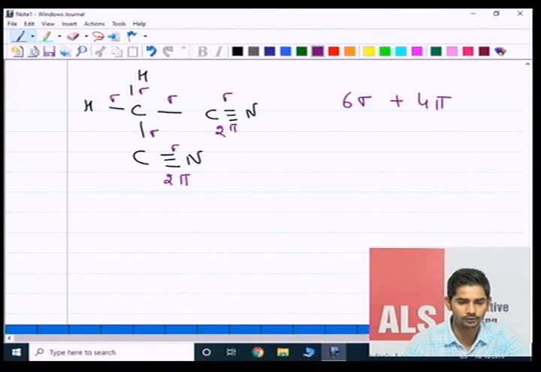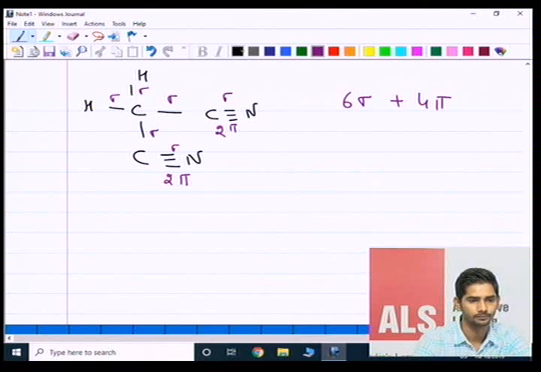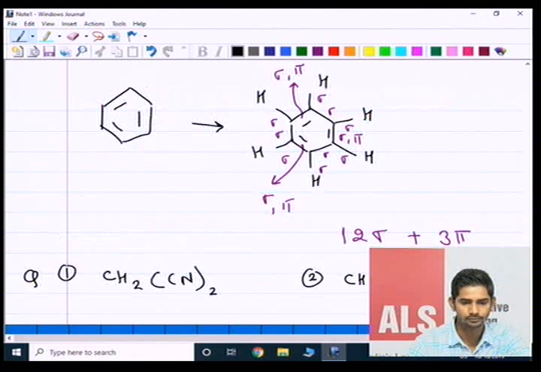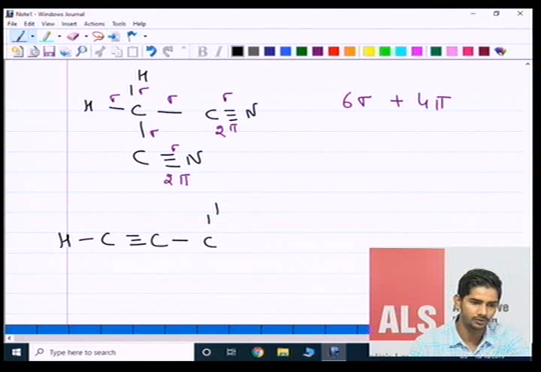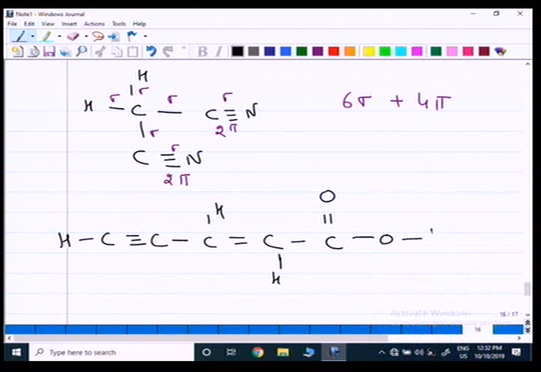Now let's take a look at question number 2. Say triple bond C, CH double bond C, CH, CH, C, O, H. This is the expansion. Now let's take a look.